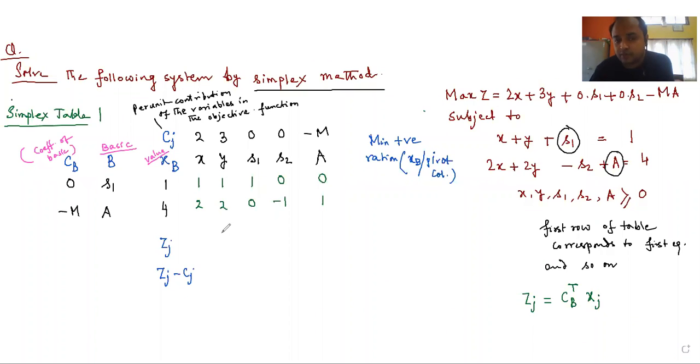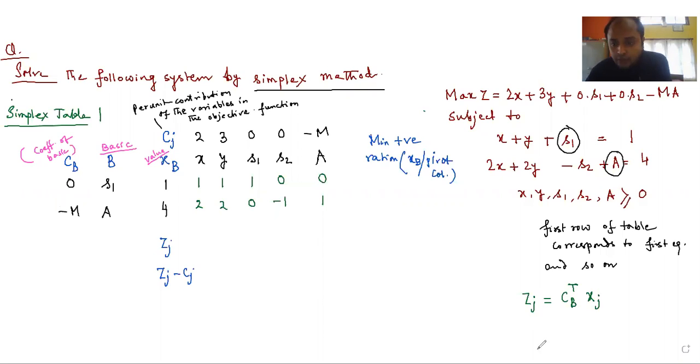To get the value of zj over here, we are going to multiply this by column matrix 1, 2. To get the value of zj over here, we are going to multiply this row matrix by the column matrix 0, 1, like this.